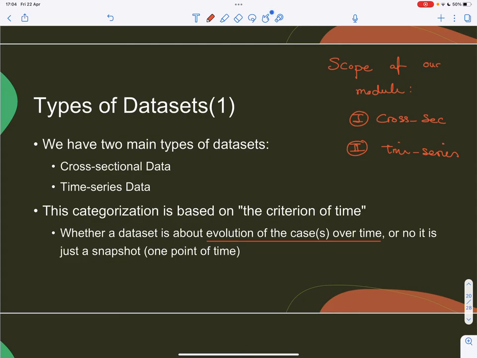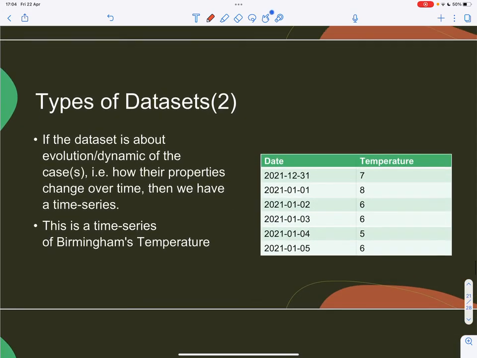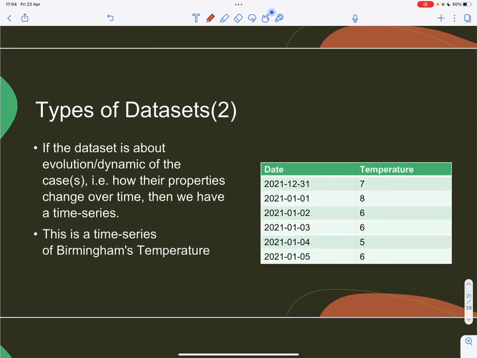Or no, it's just a snapshot, one point of time. If the dataset is about the evolution or dynamic of one case or cases, how their properties change over time, then we have a time series.